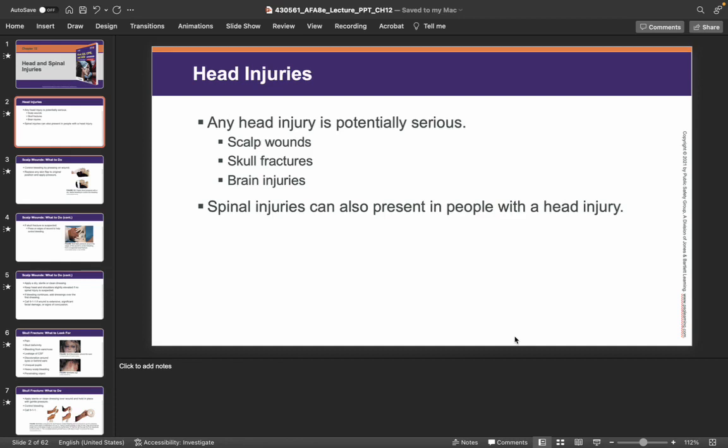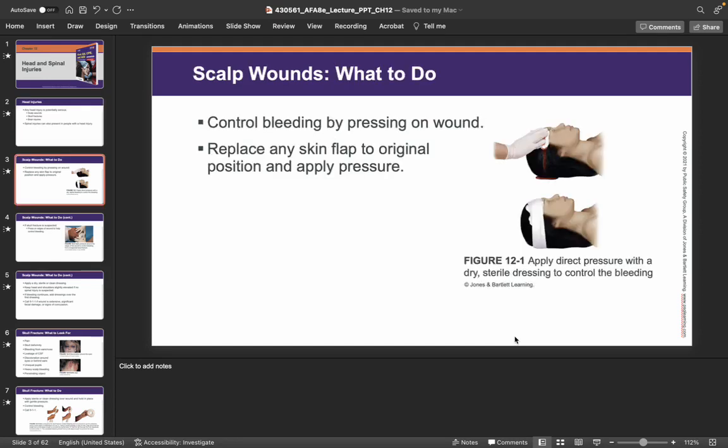Of course, skull fractures and brain injuries are always going to be dangerous because of the effect they can have on the brain. The other thing to keep in mind, a recurring theme throughout this chapter, is spinal injuries also have the possibility of showing up anytime you have a head injury, so you have to definitely watch out for that, and we'll get into that a little bit more.